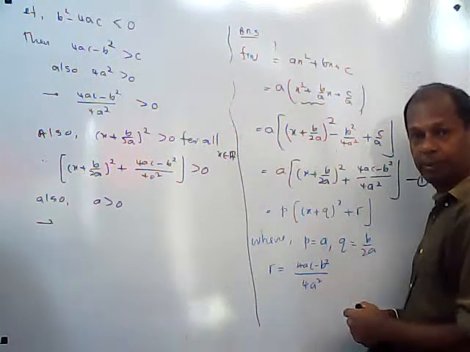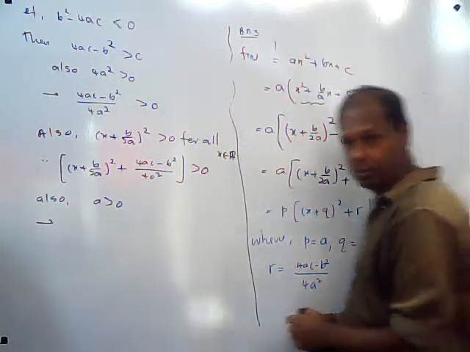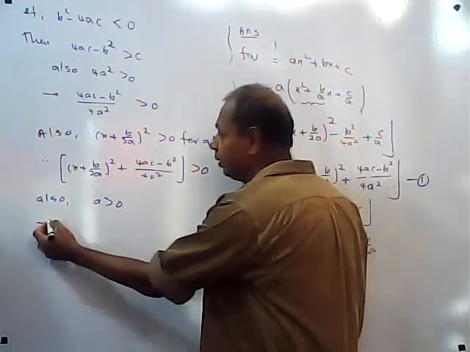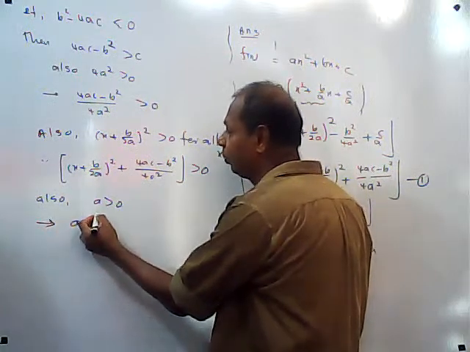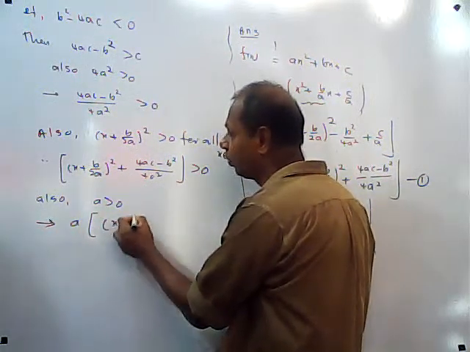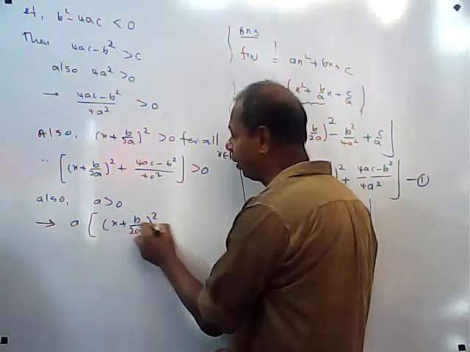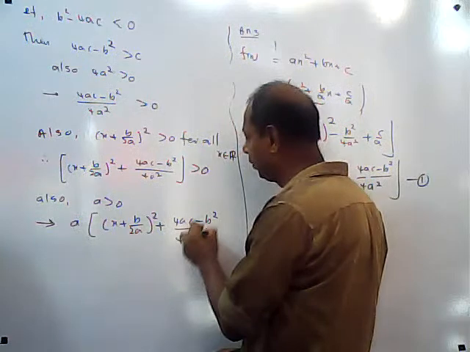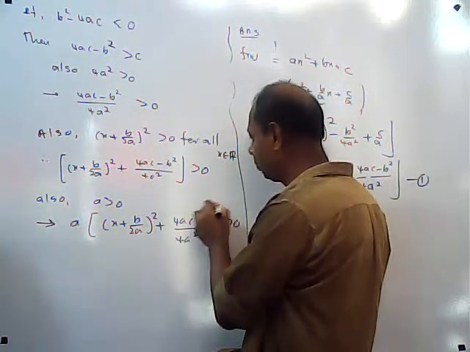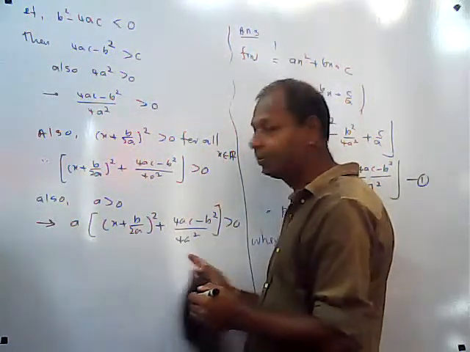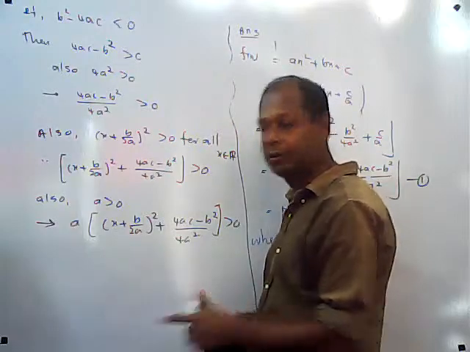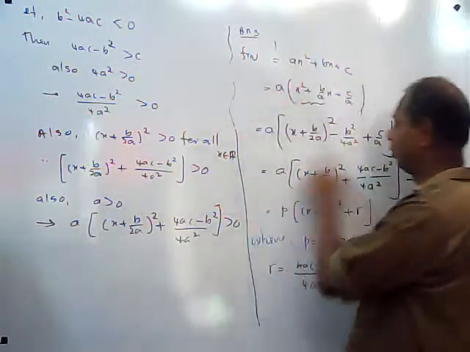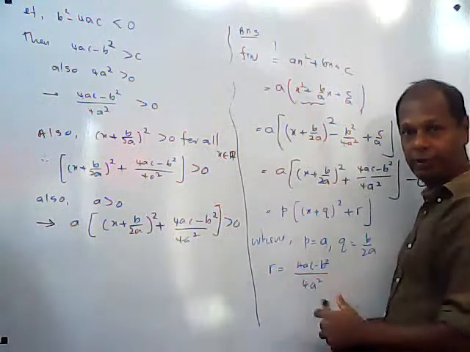That will be again definitely positive. So a times the whole thing, x plus b over 2a squared plus 4ac minus b squared over 4a squared, is greater than 0, and this is nothing but fx.